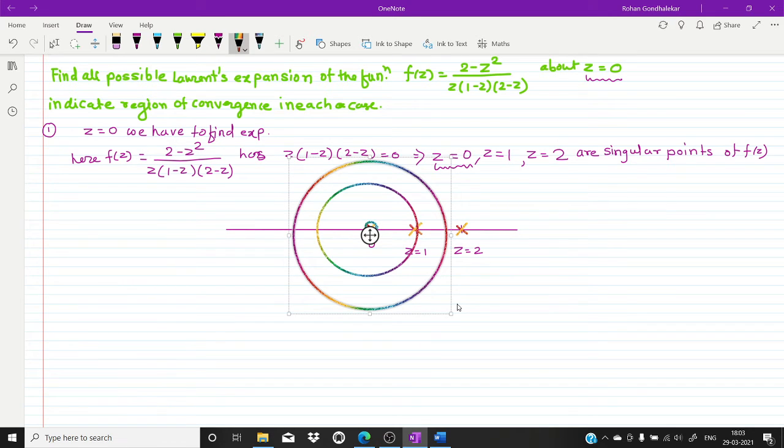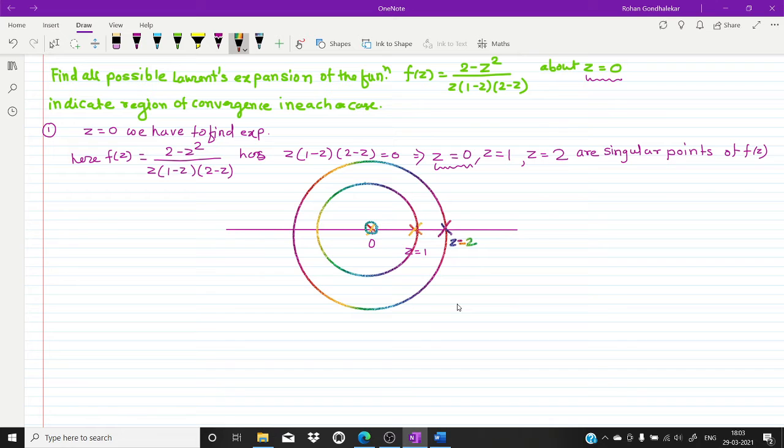Now I mark z is equal to 2 here. Now the diagram is a little bit okay.